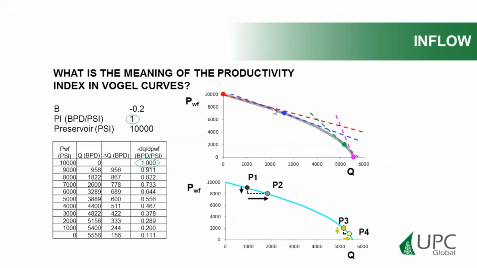So the tangent is changing, but the productivity index, referred to the top, remains equal to 1. Many people think that because it's not a straight line, we cannot talk about productivity index. Yes, you can, but taking care of the meaning and the definition. It doesn't mean that it's a straight line. It's just the slope at the bottom hole pressure equal to the reservoir pressure.